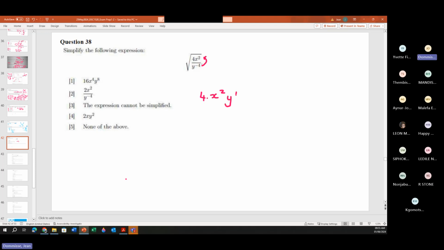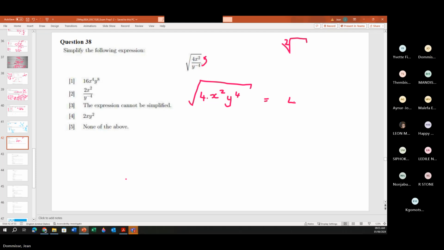So that becomes y to the power of 4. And then we can square root that. Remember this, if we look at something like that, it's nearly, that is what we're looking at.